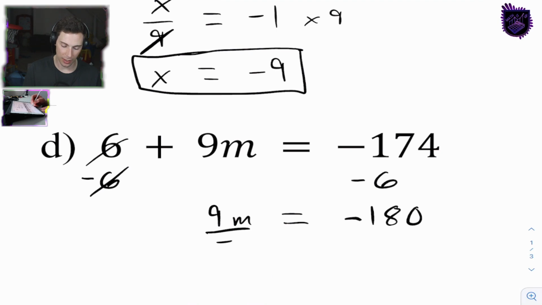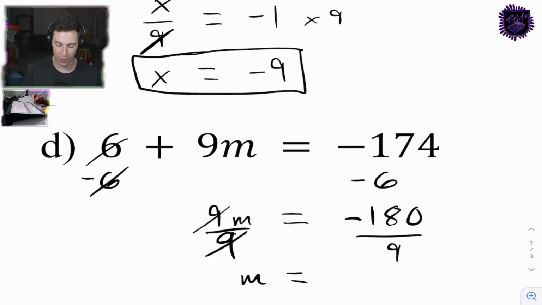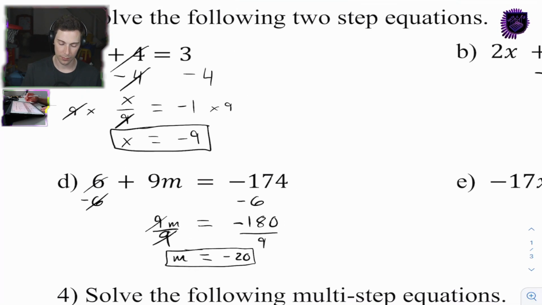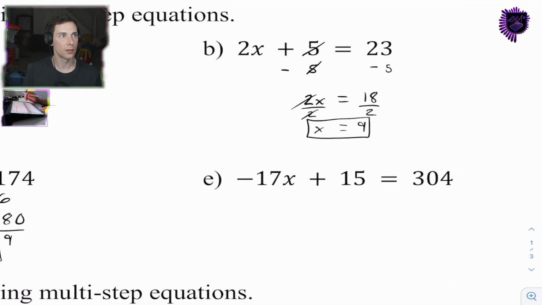Divide by 9. Cancel out once again, leaving us m is equal to negative 180 divided by 9, which is negative 20. That's my answer.